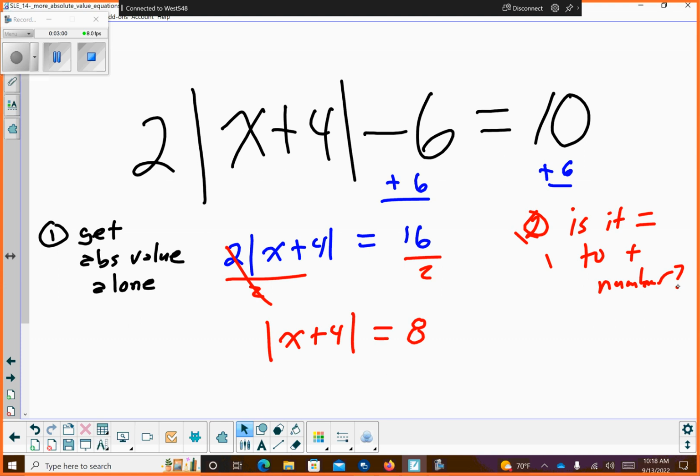Okay? That 8 is the distance. So what it's equal to is a distance. If that is the distance and it's positive, we have a positive distance. We talked about yesterday, if we walk to somewhere in the east building and then we walk back, we didn't walk a positive distance then a negative. We walked a total distance. Okay? So now we can go ahead and solve this.